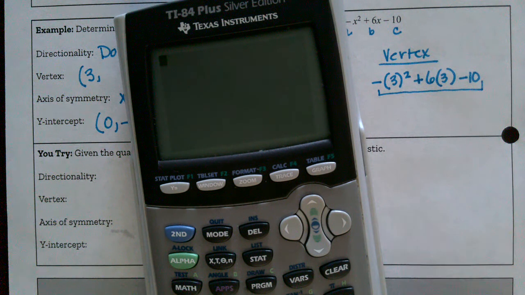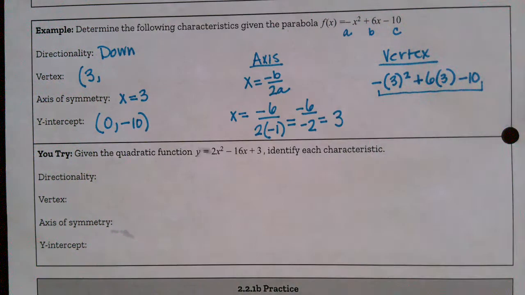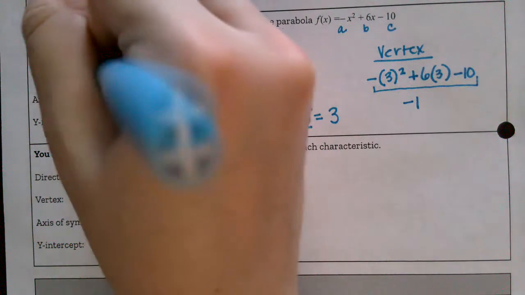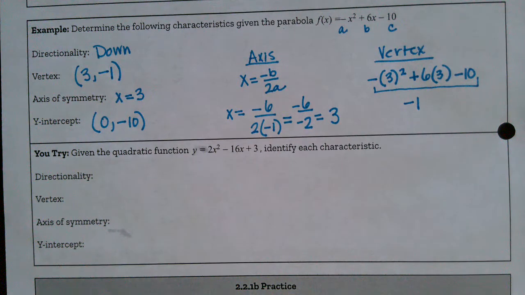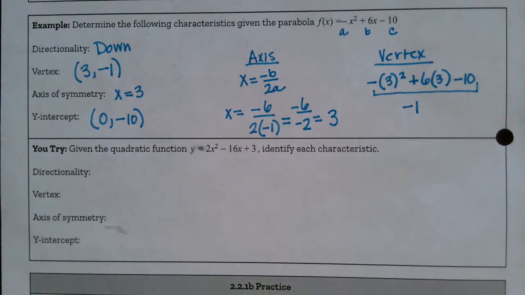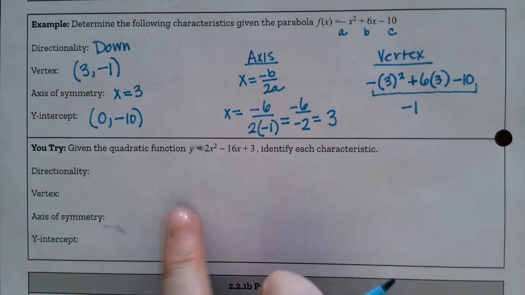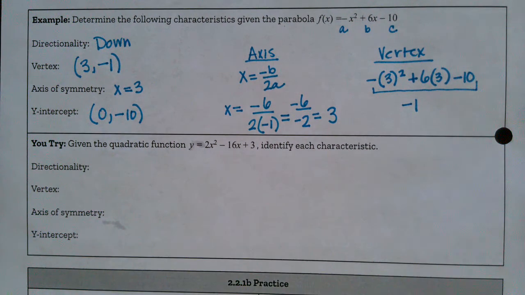So we're going to plug in negative parentheses 3 squared plus 6 times 3 minus 10. And we get -1. So that is my y value for my vertex. So I want you to pause the video and do this problem on your own and then unpause it to see the answers.